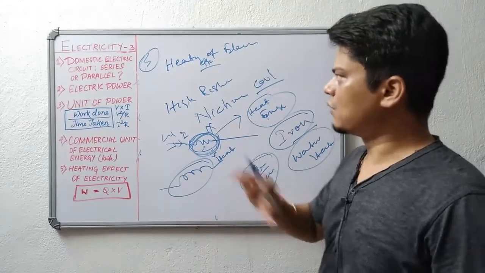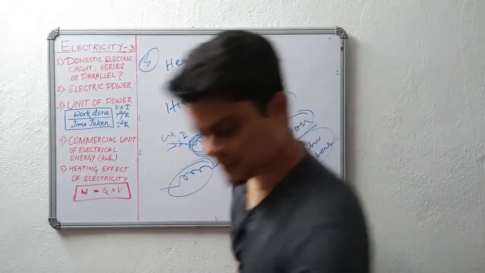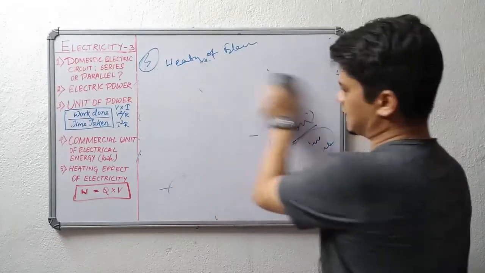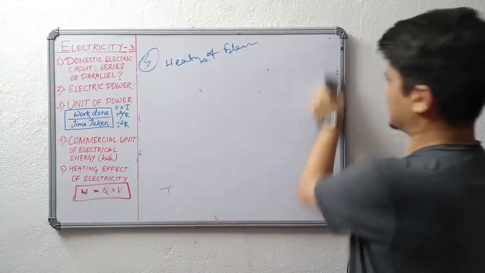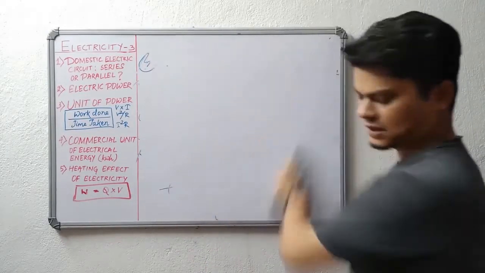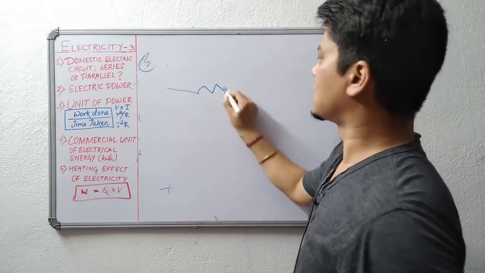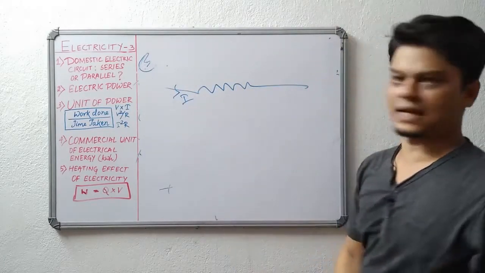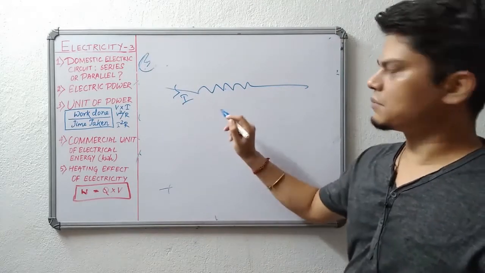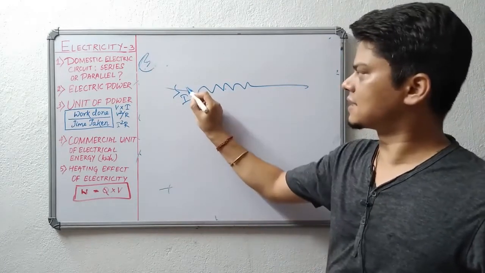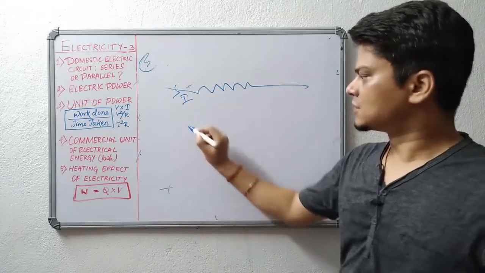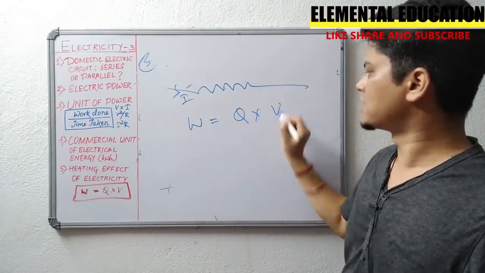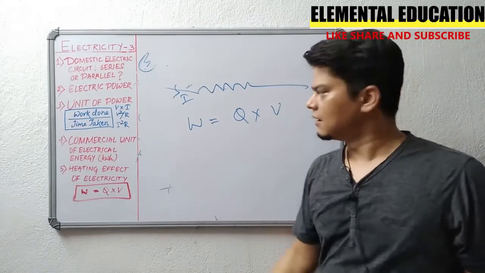Now, how do we calculate the heat energy? When electricity flows through a coil of nichrome, with a current I flowing across it, there must be some work done by this electric current. Work done is given by the flow of charges into the potential difference across it.